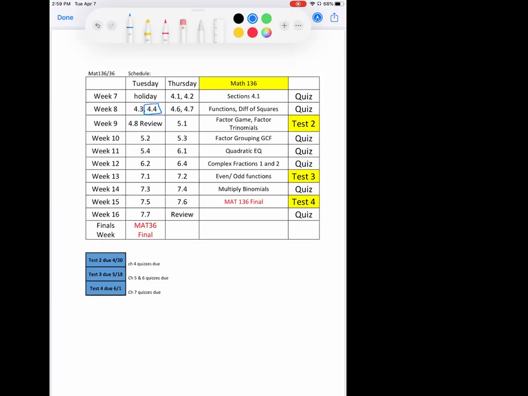We also need to continue working with our 136 portion of the course. This week we're going to work with functions and differences of squares. I will post those files on Canvas, but you'll find them in your MAT 136 Canvas shell.